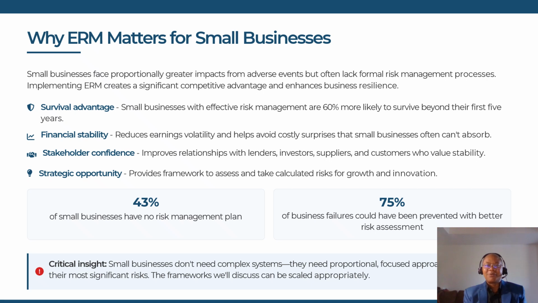The reason is very obvious. Established businesses already have formal risk management processes in place. They have resources to implement any kind of thing they want in order to be profitable. But for small businesses, especially at the beginning, resources are usually very, very scarce.